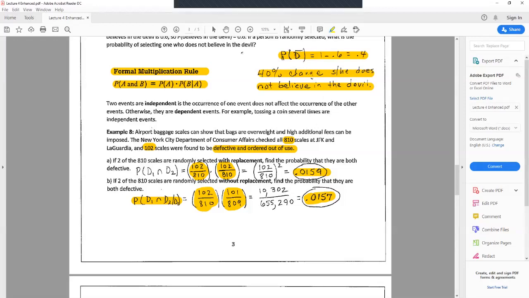But if you look at part B, where we kept the first defective scale out, when we took the first scale out and did not put it back in, it lowered our sample space, which means that it's a dependent situation, because what happens in the second draw is dependent on what has happened in the first draw.